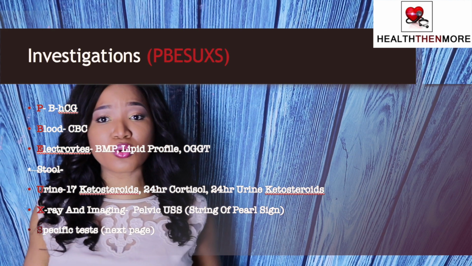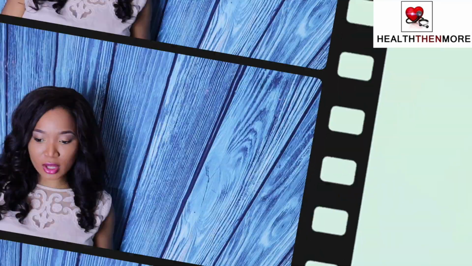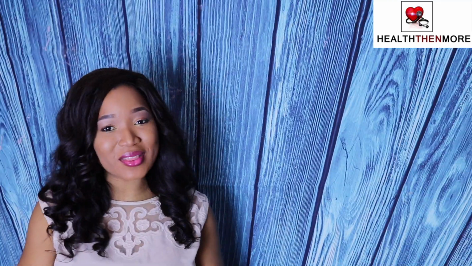So we're going to check all the hormones there, from the TSH to the FSH to the LH to prolactin. Then to rule out other conditions such as the congenital adrenal hyperplasia, we're going to do the testosterone, the DHEA. That's it, we're done with the investigations.